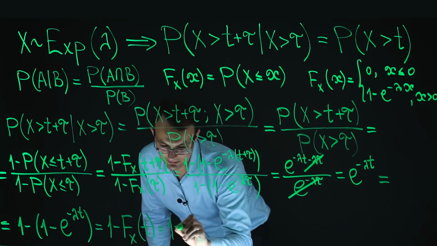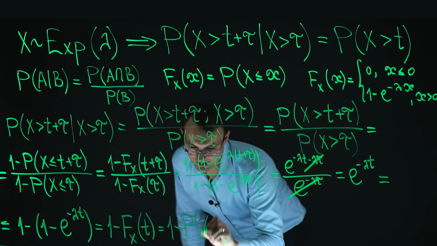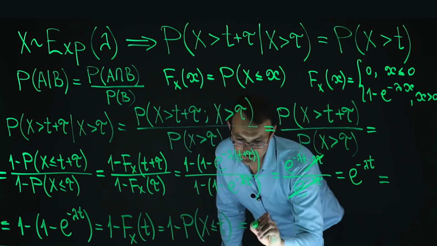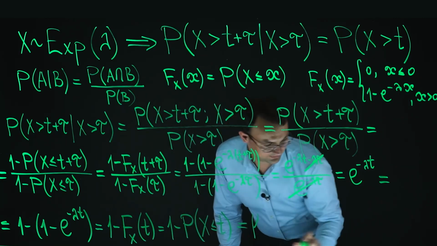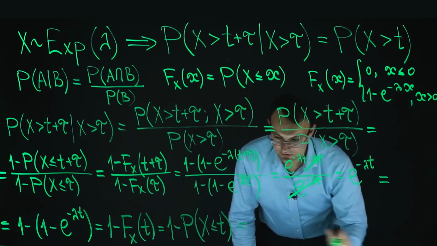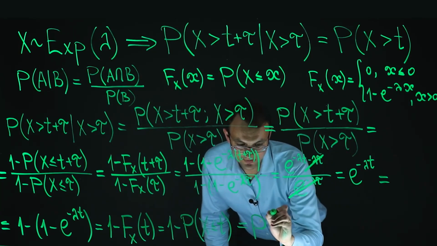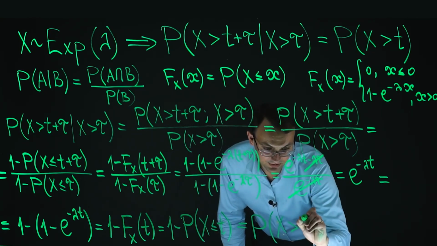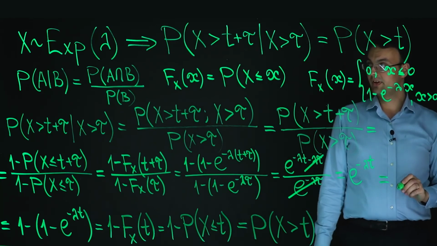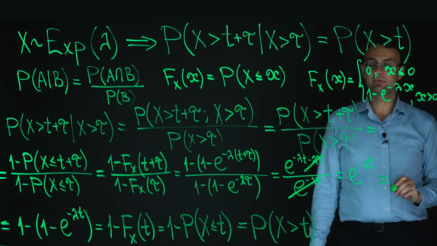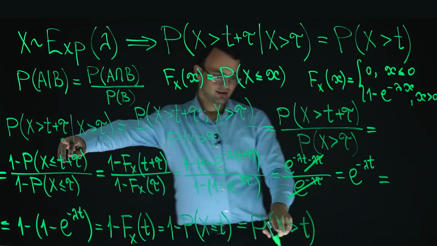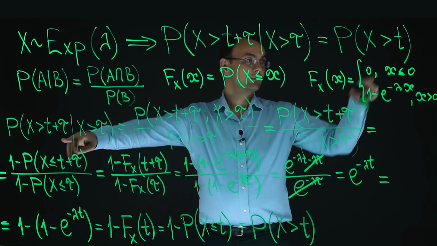This is 1 minus the probability that x is less or equal than t. And this is the probability that x is more than t. So the equality is proved. I started with this and I ended with this.